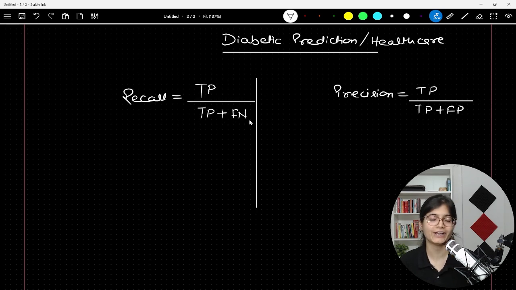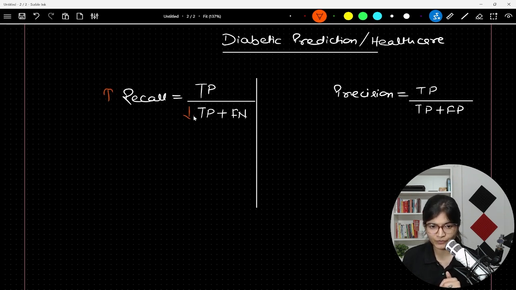I hope you all remember, right? Now, with respect to this healthcare analysis, this diabetic prediction, which one would I take care of in a better manner? Recall will be higher when the bottom term is lower. It means I need to reduce this value of FN.